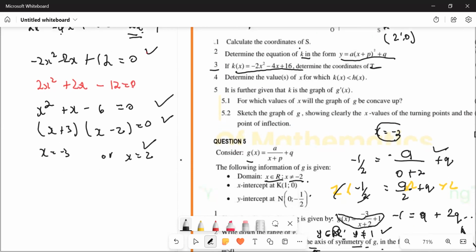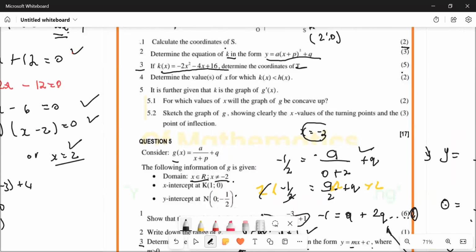And then we want the coordinates of T again. We already have used 2. We can't use 2. We're going to use -3. And then we say y is given as -2 multiplied by -3 plus 4. Y is equal to 10. So the coordinates are -3 and 10. How many marks was this? It was 5 marks.